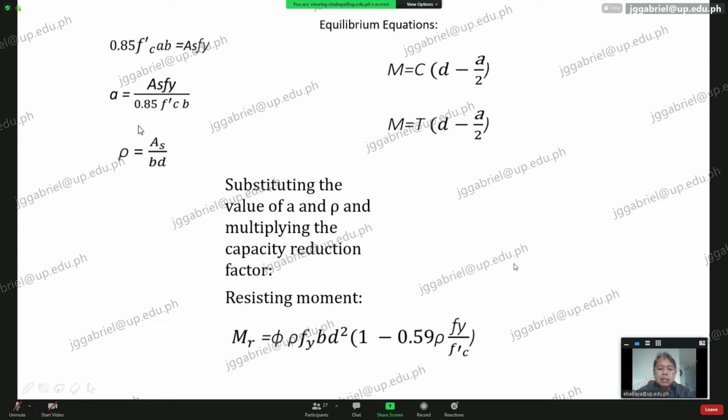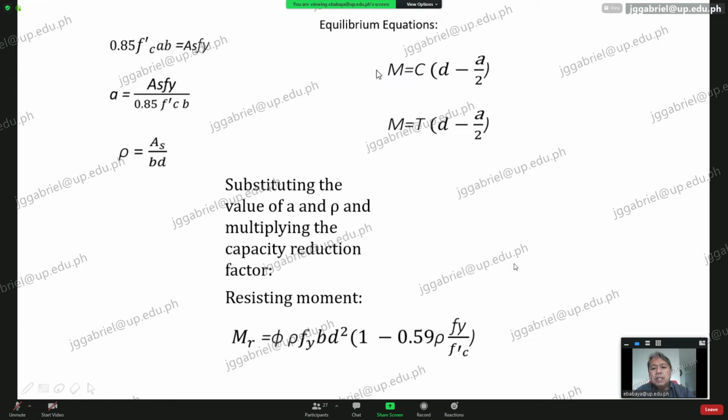So 0.9, that's it. The rest, for example, your rho. Here you have Fy. This is the yield strength. B and then B squared. And you have here 1 minus 0.59 rho Fy over F prime C. The derivation of this is in the book. So what we do here is we just substitute. We have this.